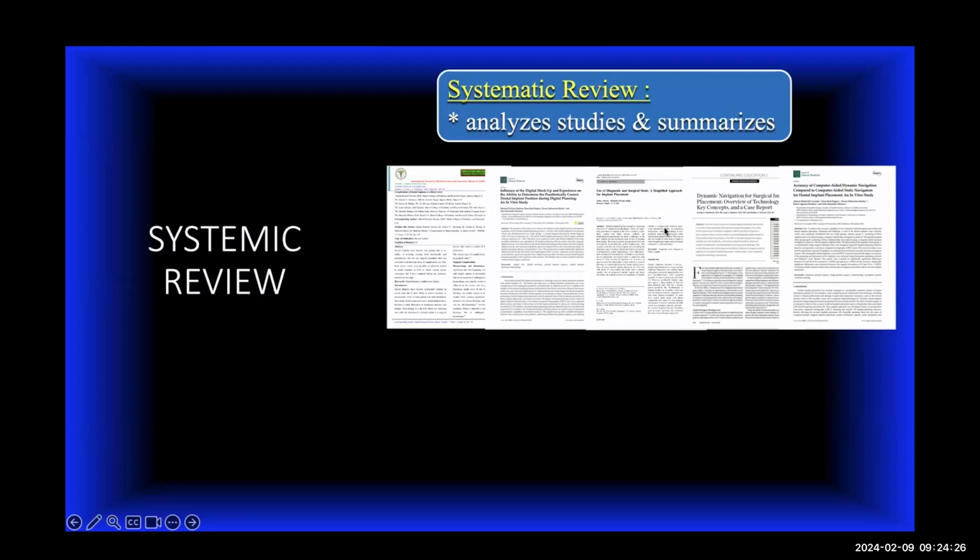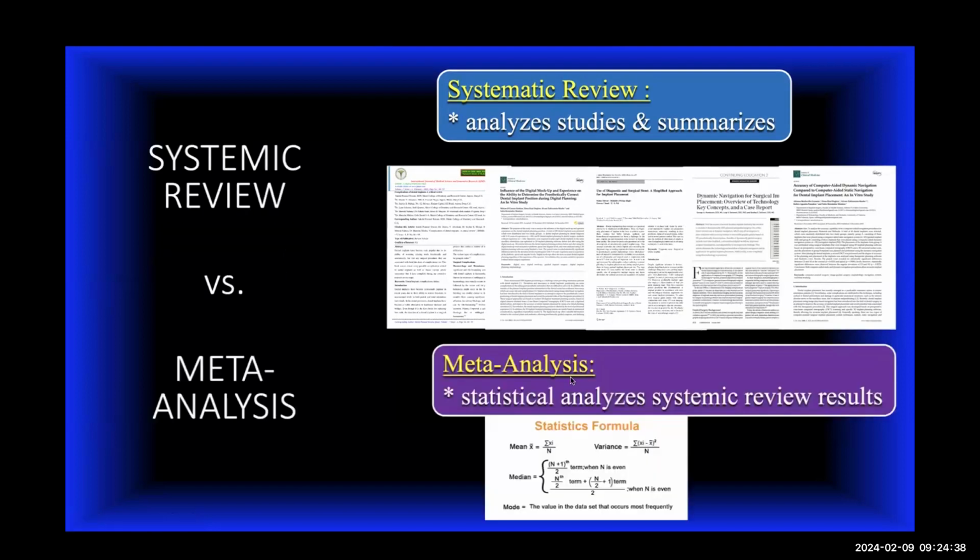Say, for instance, should you splint implants for multiple implants? They'll take all those studies and they'll evaluate it and summarize it. Then they'll put it through a statistical analysis, which is called meta-analysis. And then they'll come up with a formula or a conclusion. And that's what we want.